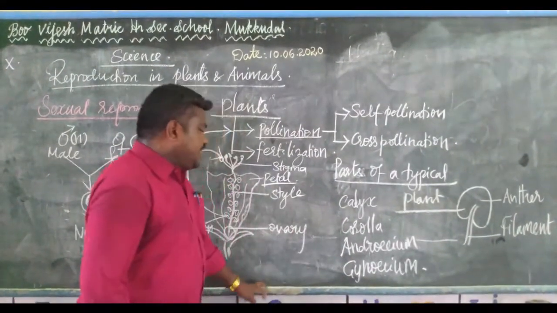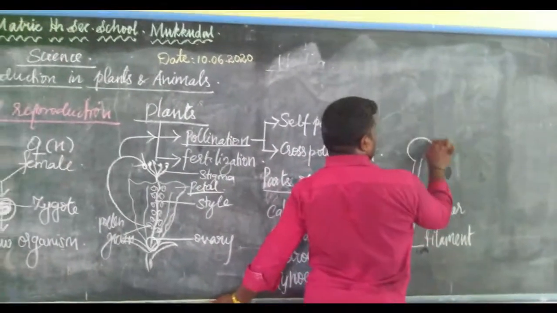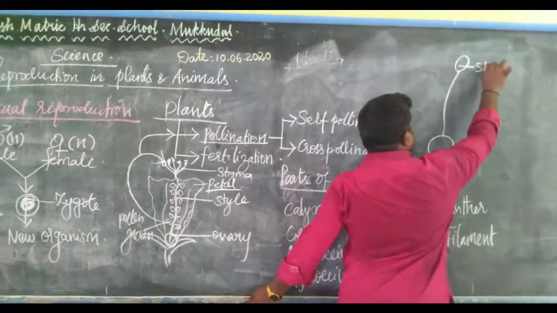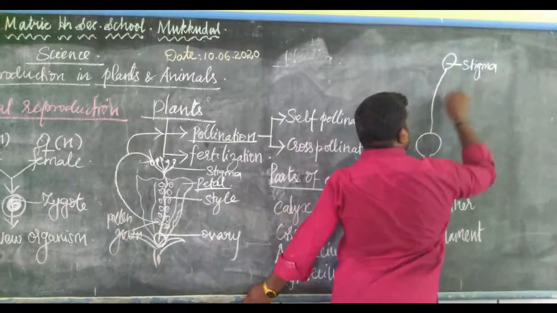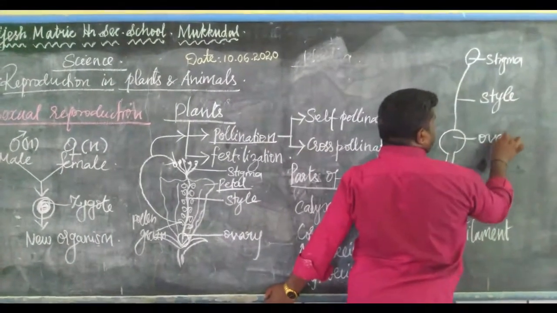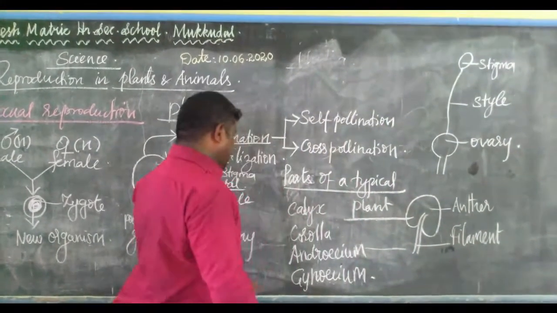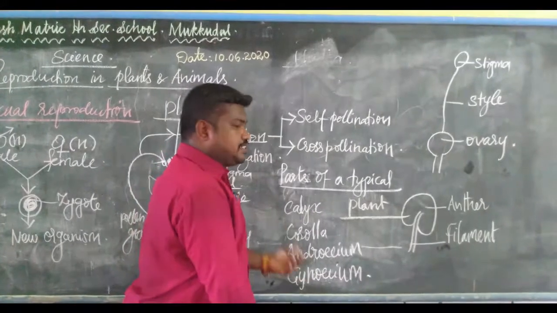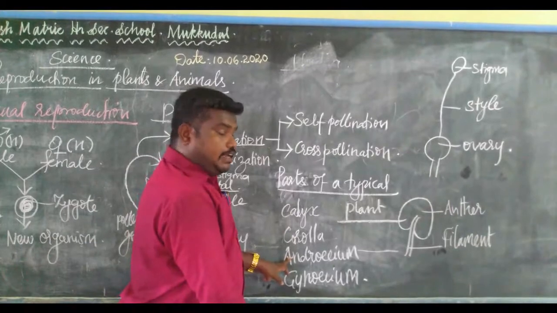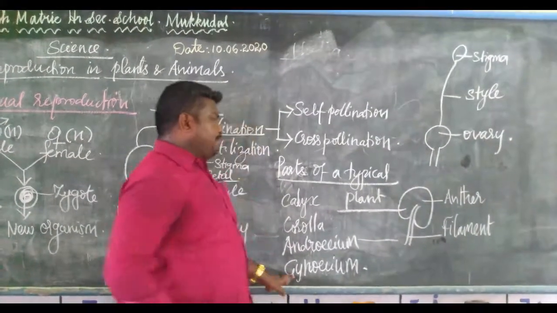Then gynoecium. The gynoecium has three parts: one is the stigma, then the style, and the ovary. So these are the three parts of the gynoecium. The gynoecium is the female part of the plant. So androecium is the male reproductive part of the plant, and gynoecium is the female reproductive part of the plant.